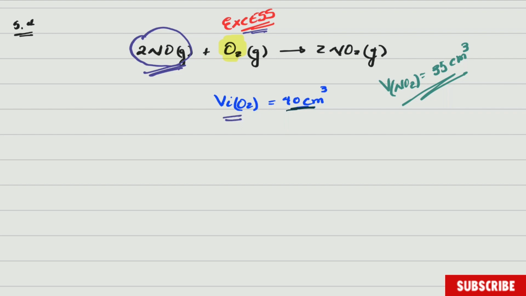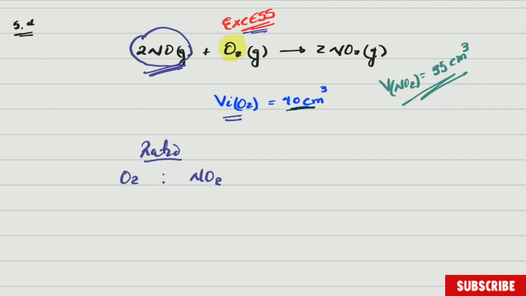So how do we know this? First of all, we're going to use the ratio to know how much oxygen was needed to produce this amount of nitrogen dioxide. So we're going to use the ratio of O2 to NO2.